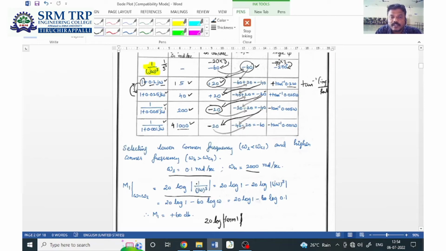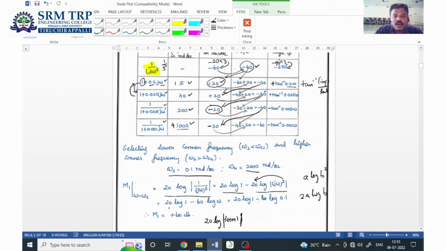And we know log a by b is log a minus log b. In that way they have written 20 log 1 minus 20 log j omega the whole cube. And we know a log b square can be written as 2a log b. So the cube will be multiplied with the constant 20.